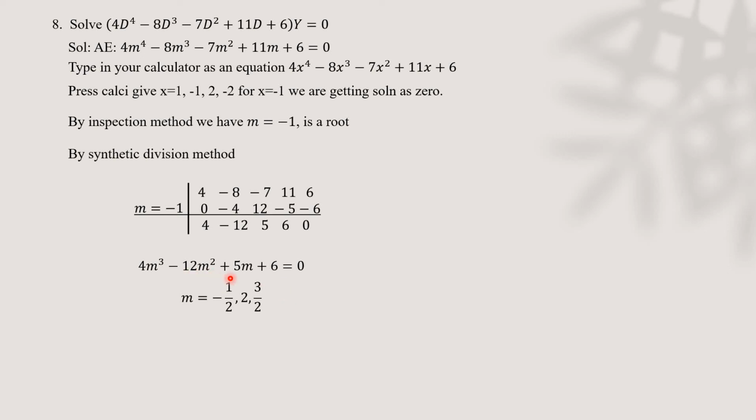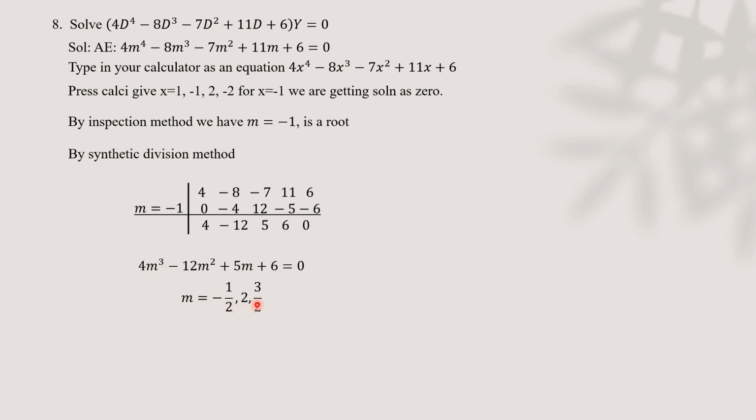So using your calculator, we can find the roots of this equation. We are getting the roots as -1 by 2, 2, 3 by 2. If you have not understood how to find the solution, you can verify the previous video. I have explained in depth how to find the roots of a cubic equation.